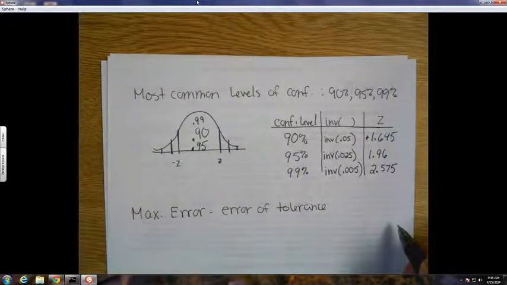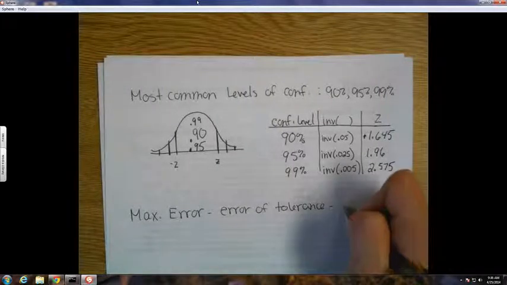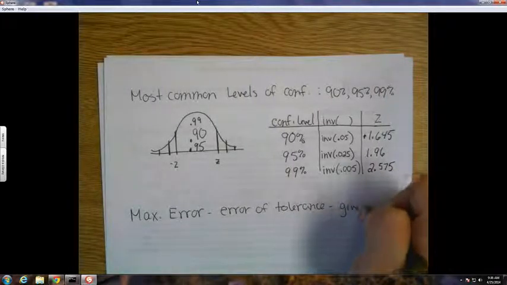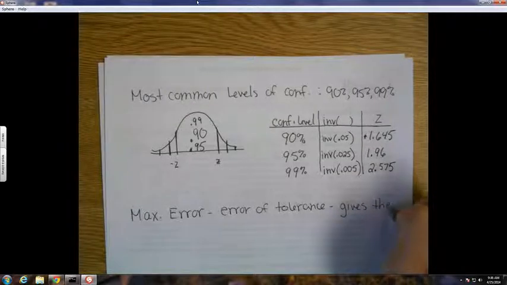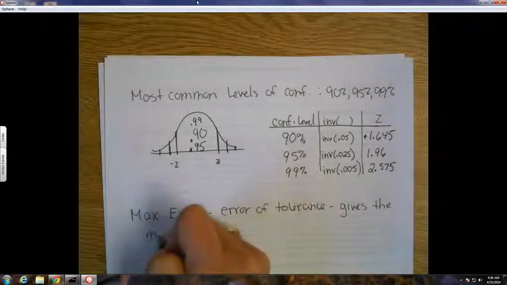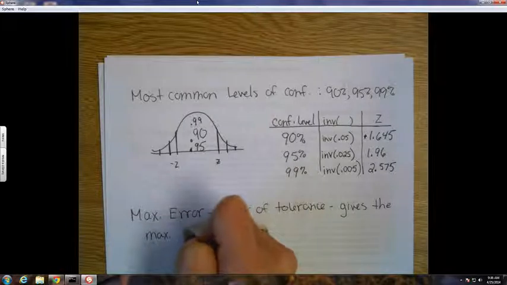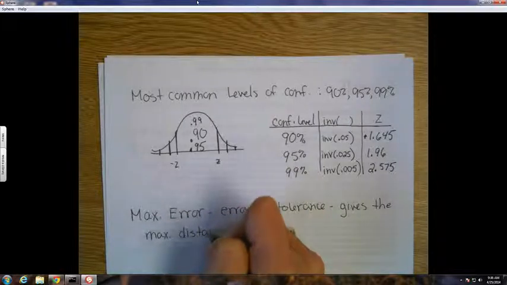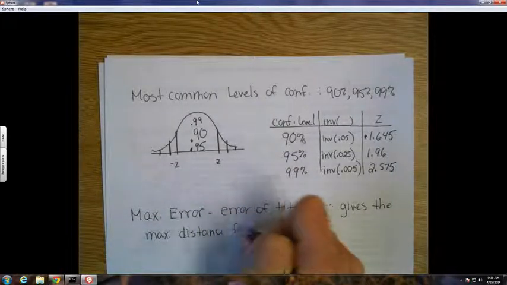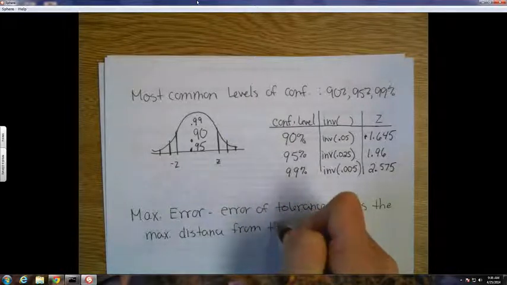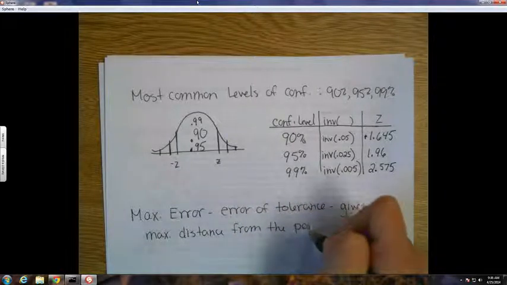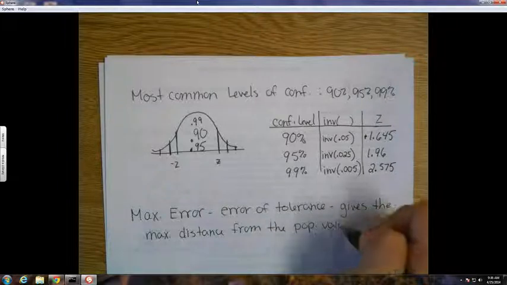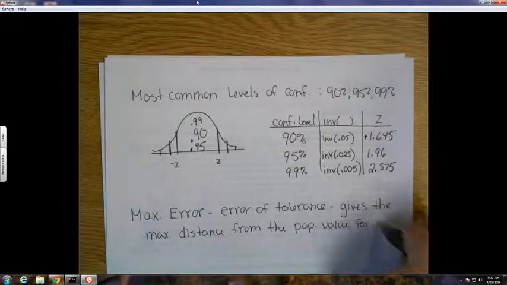It tells you the farthest away from the actual mean you could be. So it gives the maximum distance from the population value for a given confidence level.